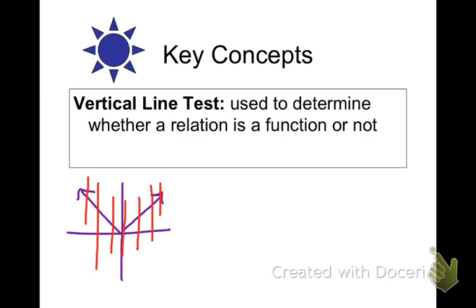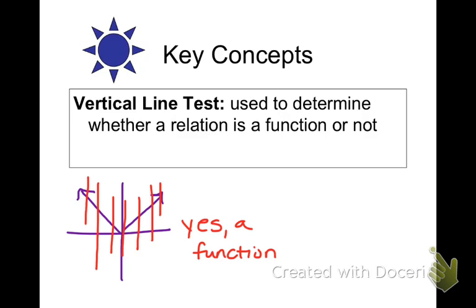Is there any other fathomable vertical line that would intersect that graph in more than one spot? No. So because it won't, that means that it is a function.